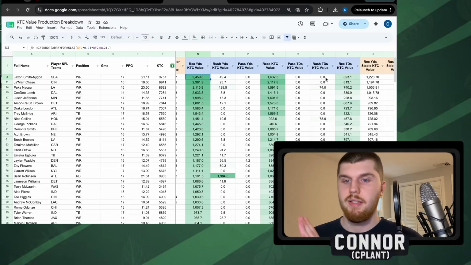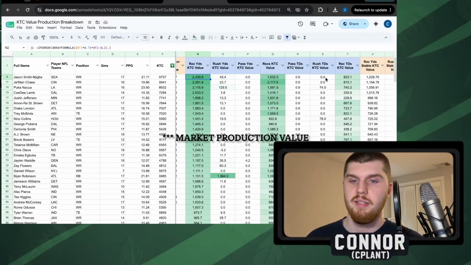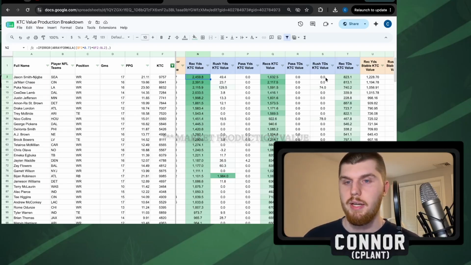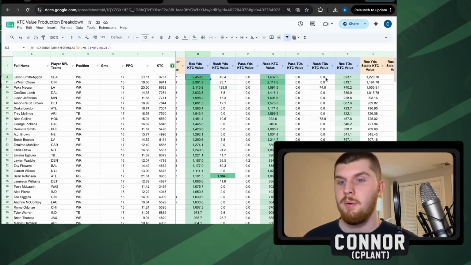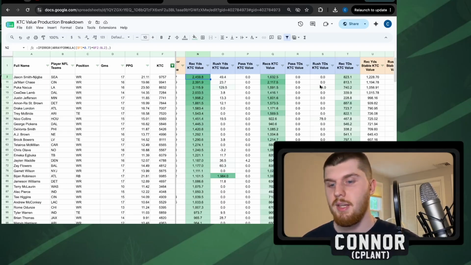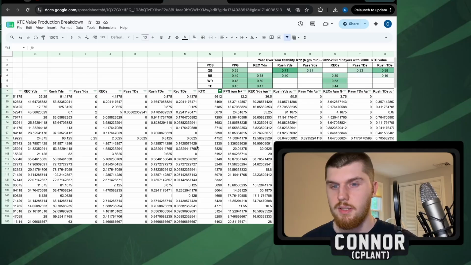Looking at the differential between their market value and their stable, consistent value, you can try to find players that are undervalued and also find the general stats that the market's undervaluing, right? And in order to do that, you can do this test.